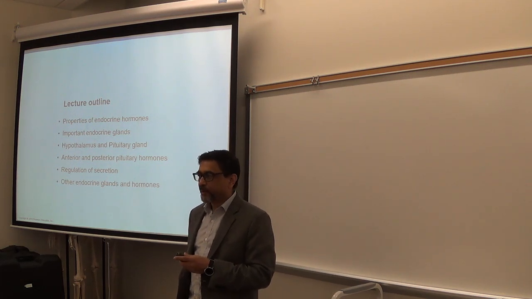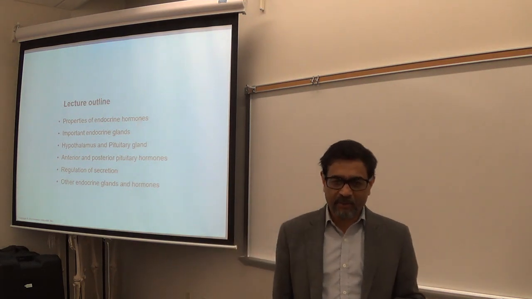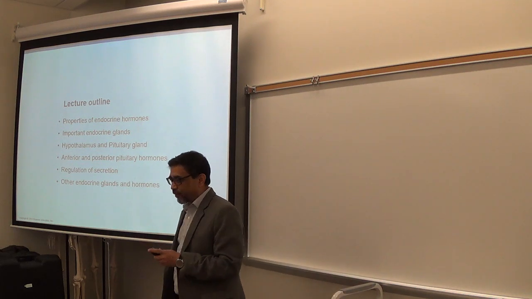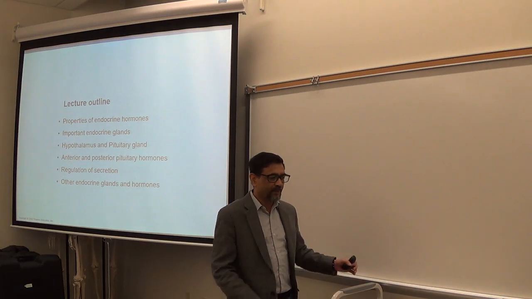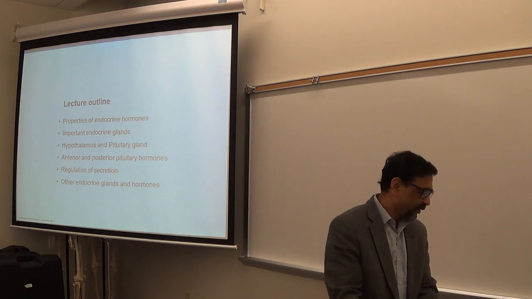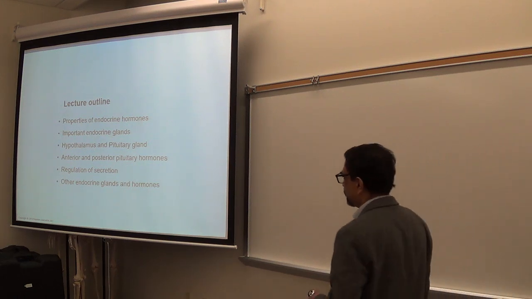And endocrine system consists of endocrine glands. So first we'll talk about the properties of endocrine system. Then we'll see the important endocrine glands and their locations in the body.